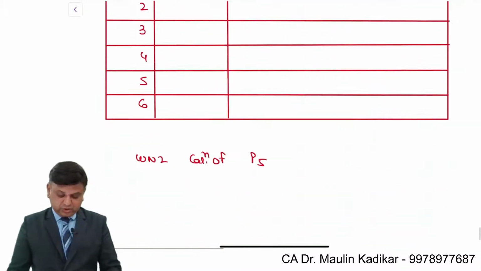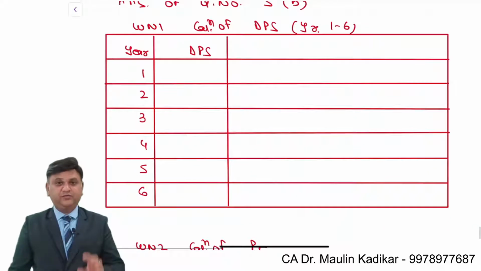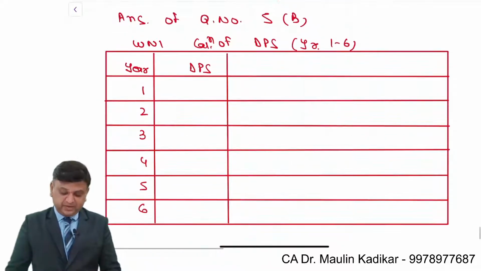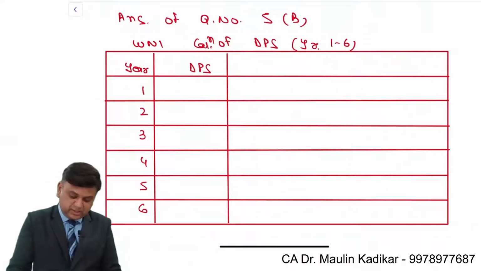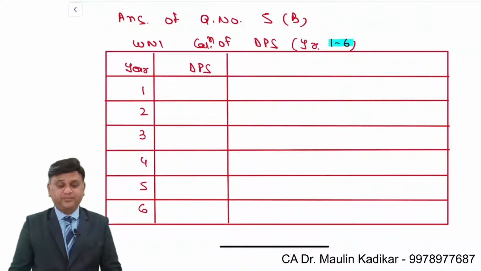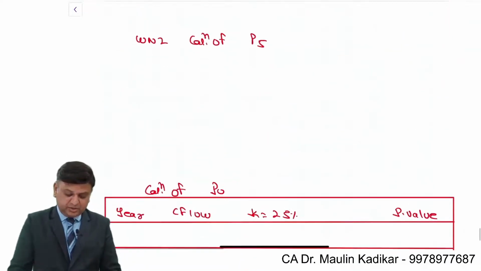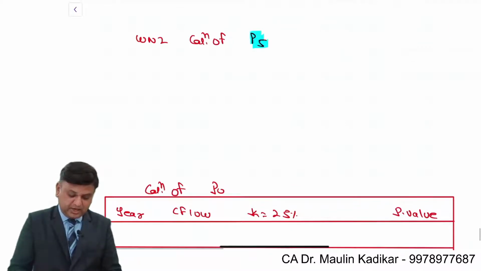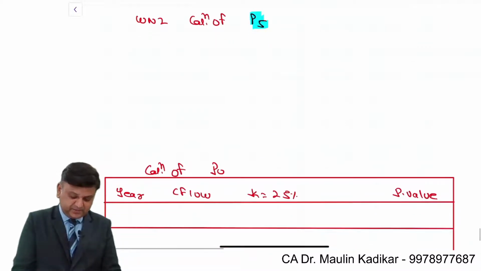So first of all we will prepare a working note wherein dividend will be calculated from end of year 1 to end of year 6. Then we will make the calculation of P5. How will P5 be calculated, friends?